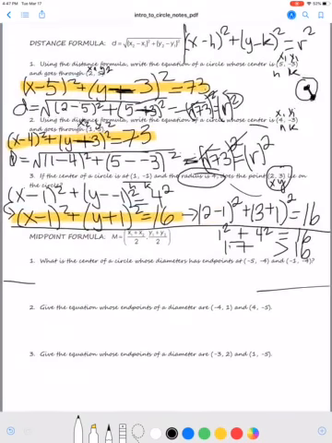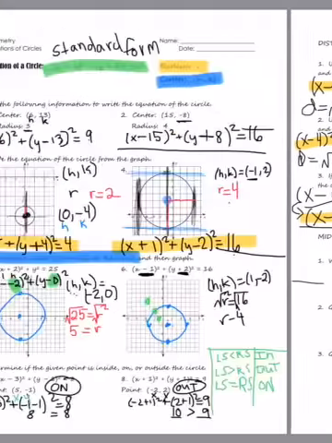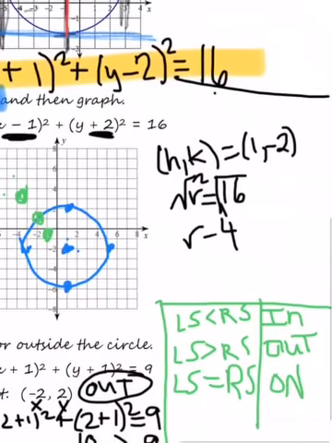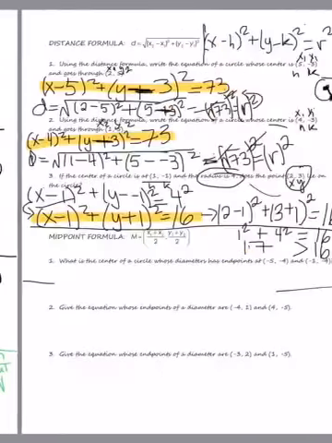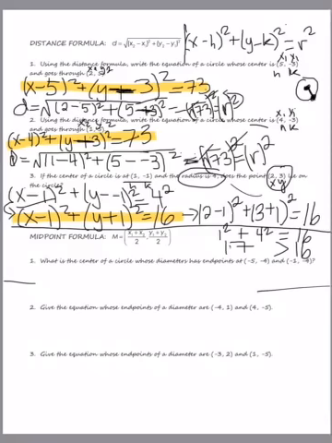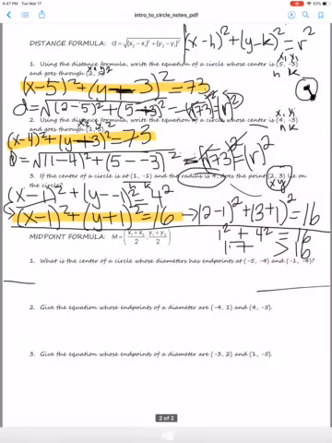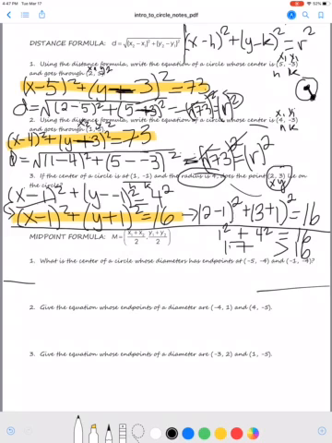If you need to refer back to your cheat sheet on the past page, turn off my marker. So we got that the left side was bigger than the right side. If the left side is bigger, then we know that that point lies outside.